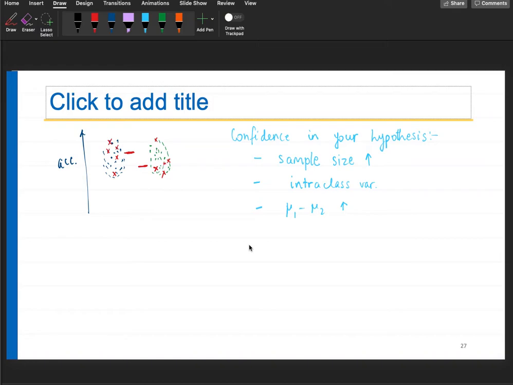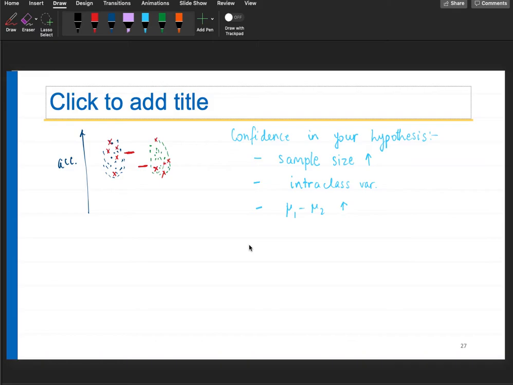Okay, so that is why we are doing randomization even while creating these sets, so that our discrepancy is like this. Shouldn't it be that mu1 minus mu2 goes down? No, this is not mu1, mu2. See, we are not clustering our data. mu1, mu2 is not the data mean.